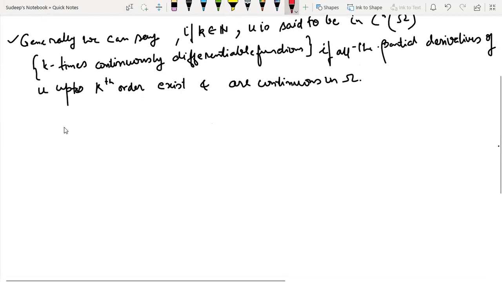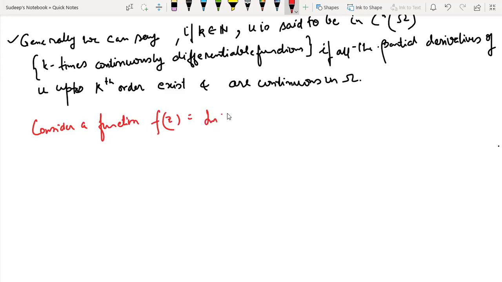Okay. So consider a function, let's say f(z), which is nothing but the imaginary part of z times the real part of z, all modulus, raised to power 1 over 2. What is good about this function?